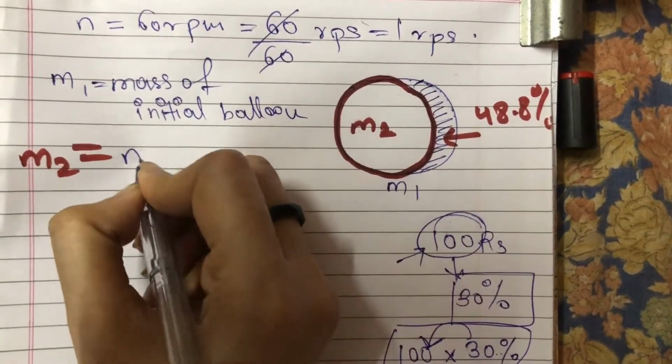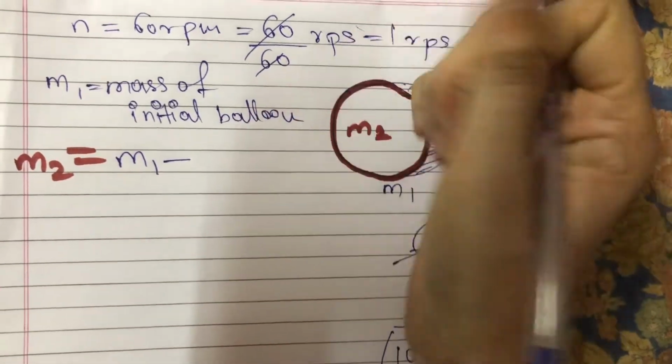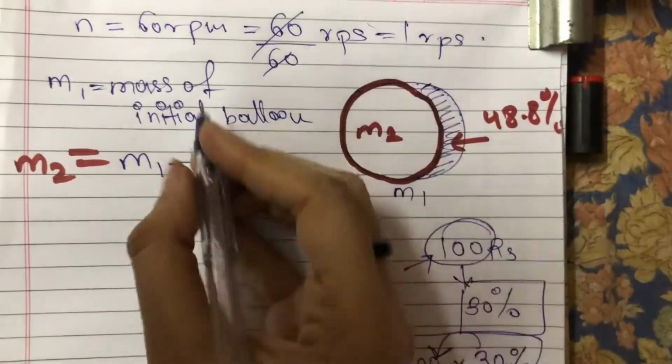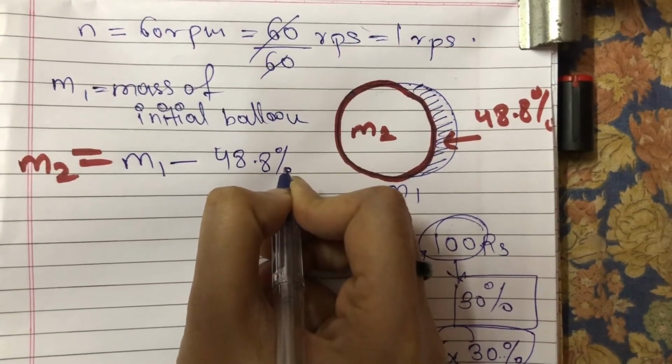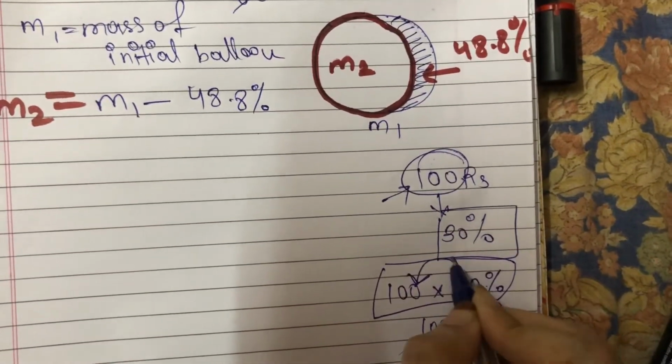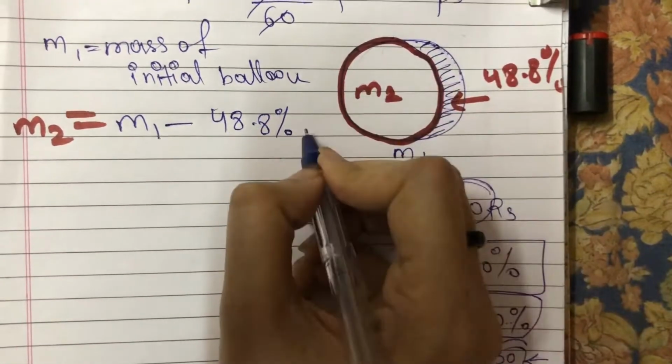So how much amount do you subtract from m1? That amount is 48.8%. And how do you calculate percent? You multiply that percent amount with your initial value. And what is that initial value? m1.